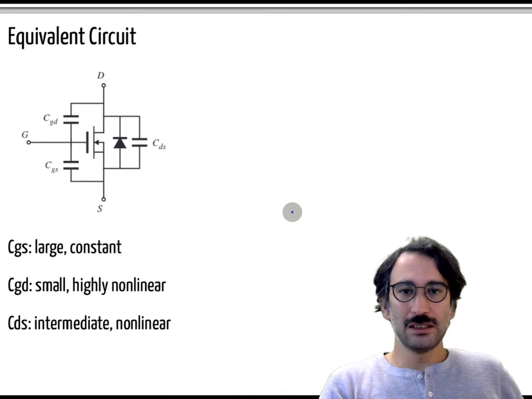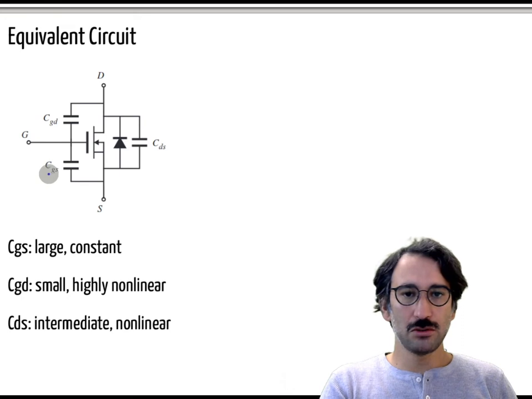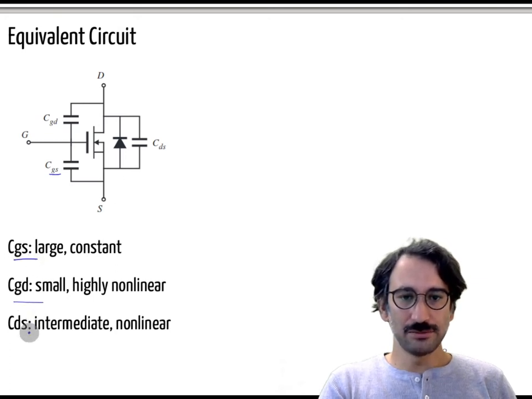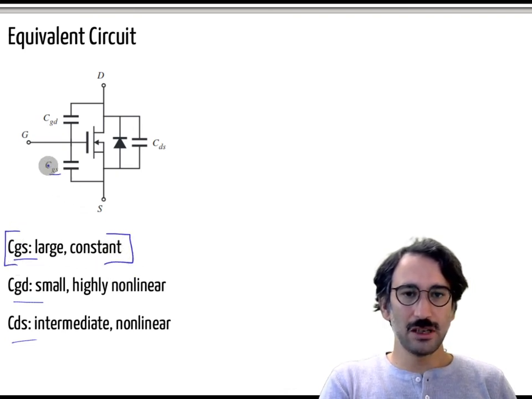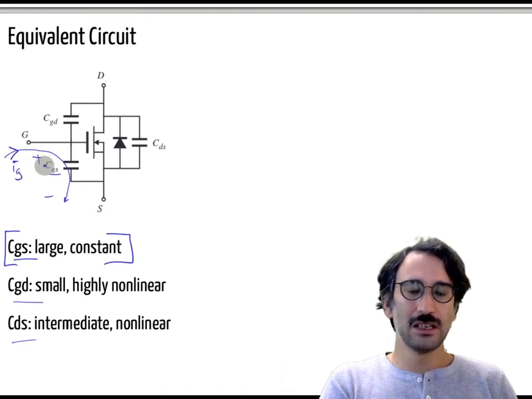There are different capacitances: we have the gate to source capacitance CGS, and we have the gate to drain capacitance and the drain to source capacitance. These are most of the capacitances, and usually the most important one is that one, because in order to turn on or off the transistor, some current needs to be passed, and your MOSFET driver, the electronic circuit that controls the MOSFET, needs to give that current.